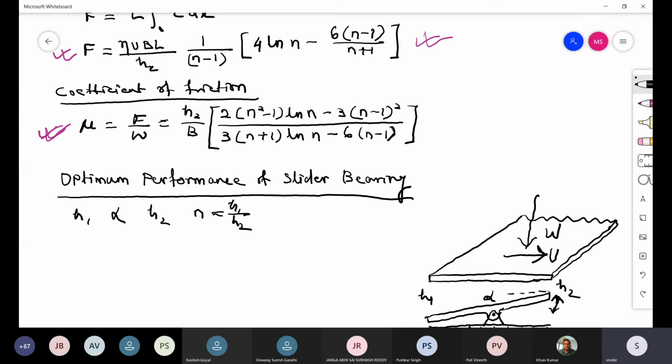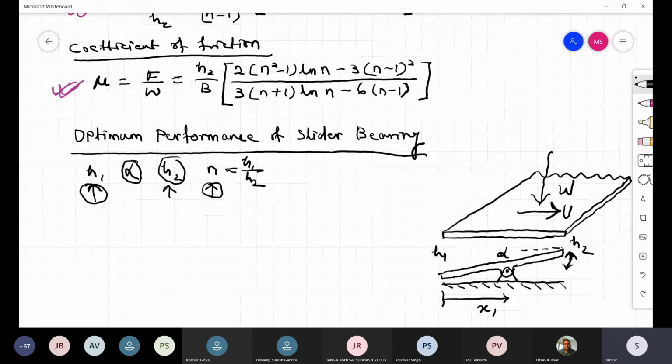So if you discard taking alpha, then you have two independent quantities H1, H2. If you discard this, then you have two independent quantities H1 and N. Either you take H1, N, two independent quantities for this pivot bearing.